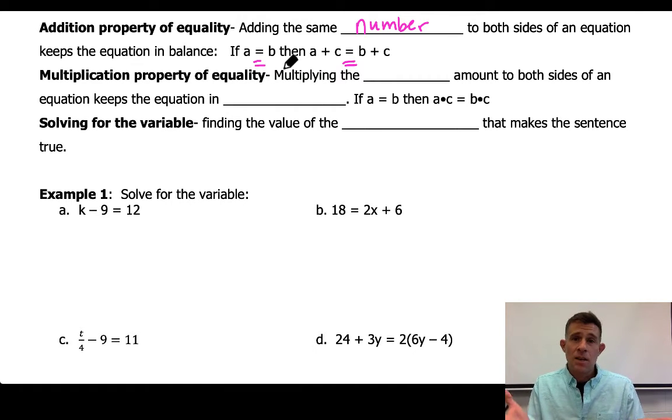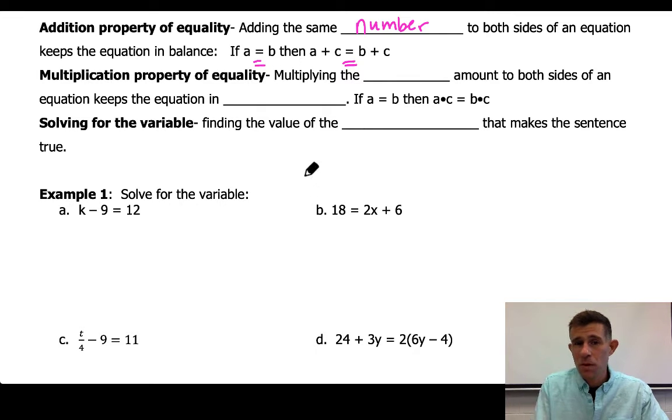When we want to try to get something alone on one side, we have to move things over to the other side. Therefore, we have to do even things or equal things to both sides of the balance in order to keep it in balance. The multiplication property of equality is simply multiplying the same amount to both sides of an equation will keep the equation in balance.